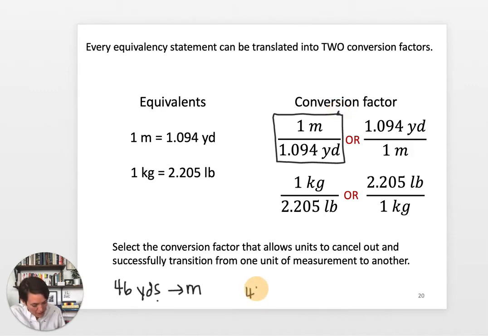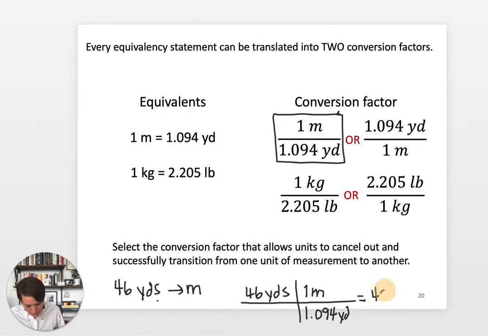So I would have 46 yards, and there's 1.094 yards in 1 meter. So you take that 46, divide it by 1.094, and you get 42.05 meters.